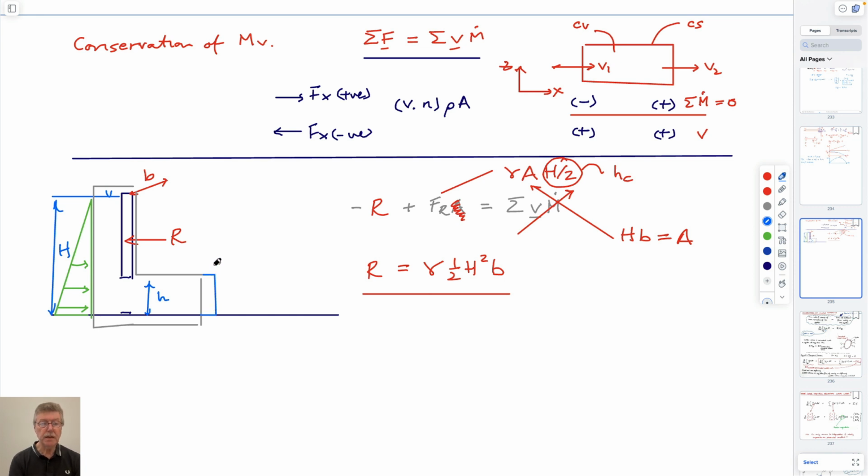So this would be some velocity. I'm not sure, I'm going to call it V lowercase h. And there should be some velocity up here, which I guess I should draw just inside the control volume doing this. And so this would be V uppercase H.